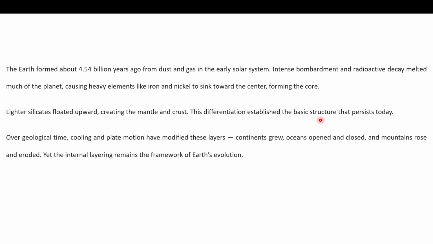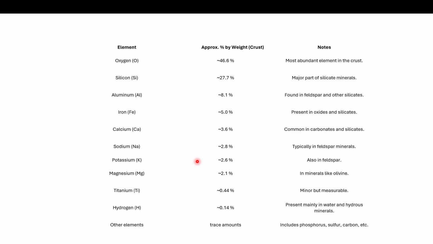This differentiation established the basic structure that we previously saw. Over geological time, cooling and plate motion have slowly modified these layers. Continents have grown, oceans opened and closed, and mountains stood high or were eroded. Yet the internal layering remains the framework of Earth's evolution.